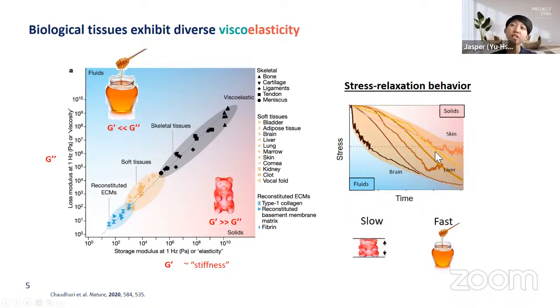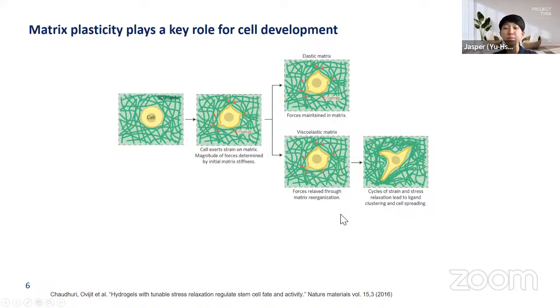If you look on this graph, you will see that different tissues show different stress relaxation times. They decay at different rates. And this is quite important because this plasticity allows the cells to push the matrix when they're growing in 3D. And at the same time, the matrix also pushes back.